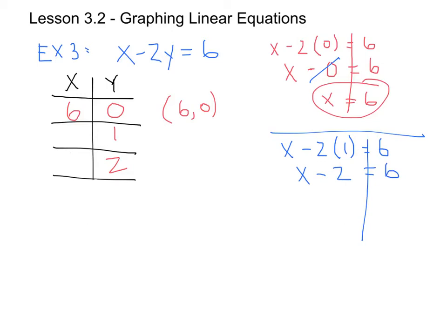It's a subtraction problem, so we are going to go plus 2. Try this again. Plus 2. X equals 8. And we have it. And we have our second ordered pair.